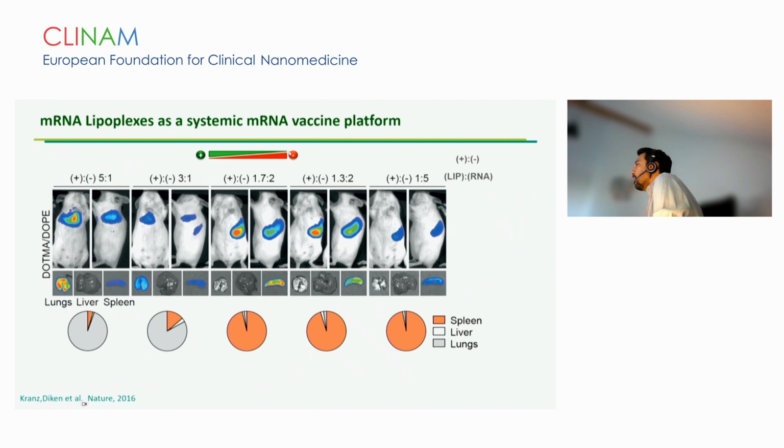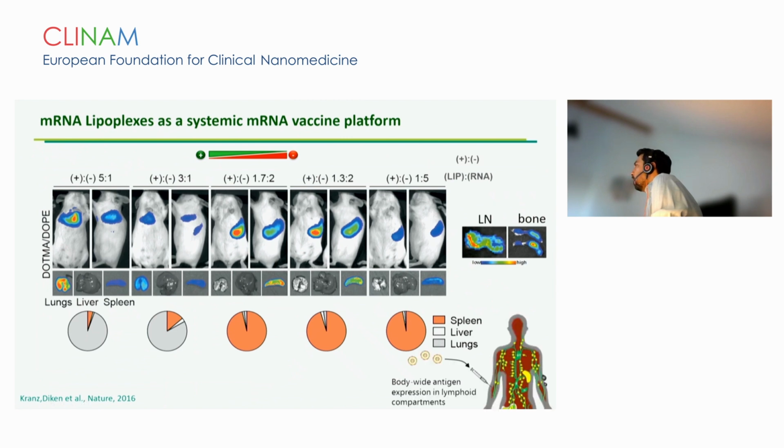When you go more for the negative charge, you go to the spleen, and when you go for a more positive net charge, your biodistribution of the RNA encoded protein is more in the lungs. And it's not only spleen with this negative charge molecule, it's also the lymph nodes and bone marrow, which are the main immunological organs. So we can bring the RNA into immunological organs and also protect RNA from degradation.